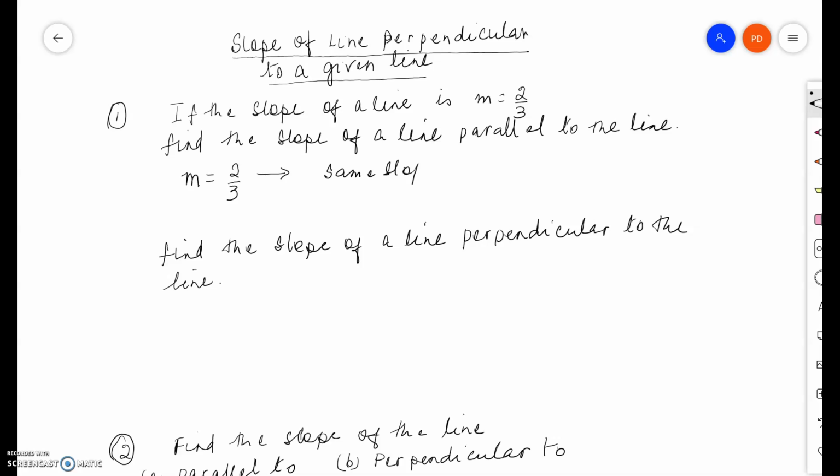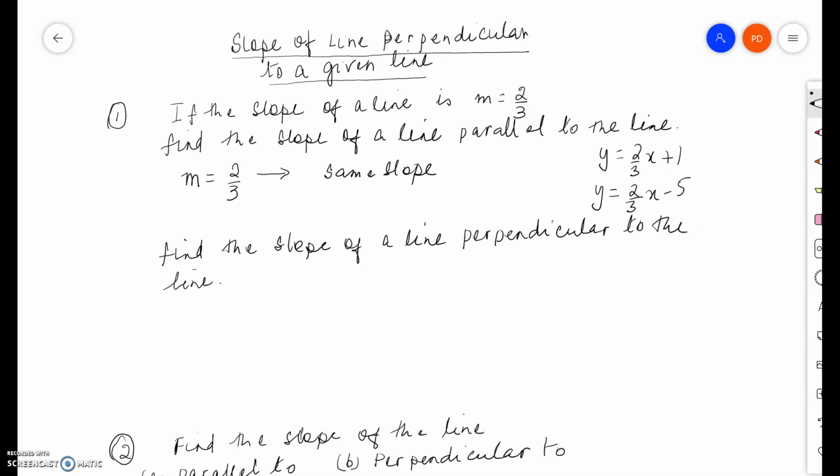So basically the slope of a line parallel to it would be 2/3. So for example, if y equals 2/3 x plus 1 is a straight line, then y equals 2/3 x minus 5 would be parallel to it because they have the same slope.